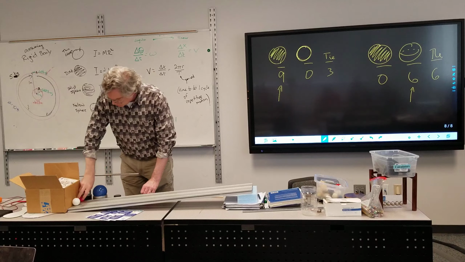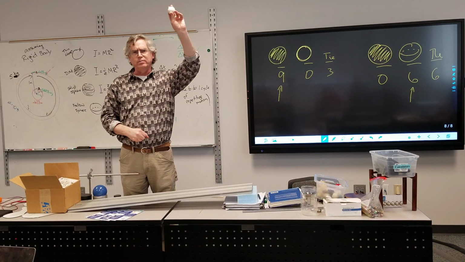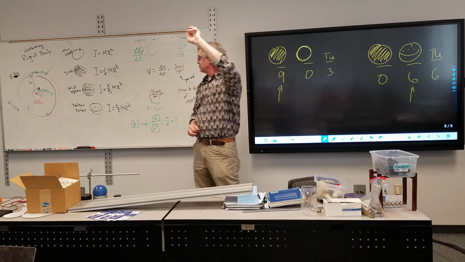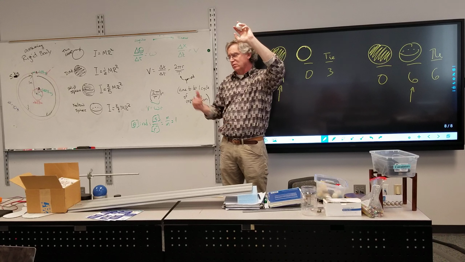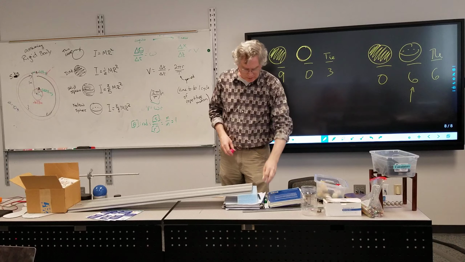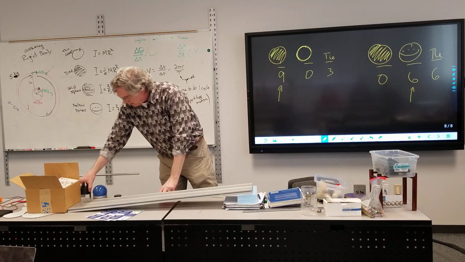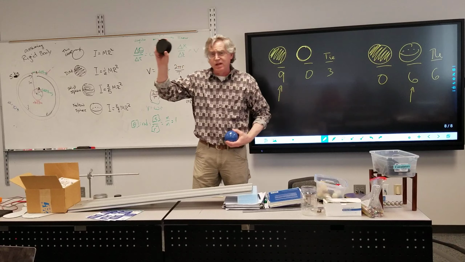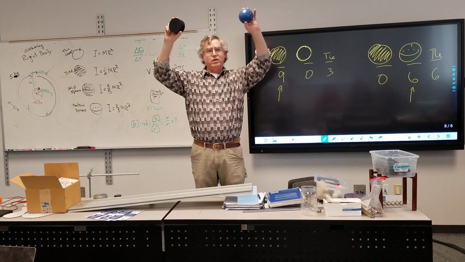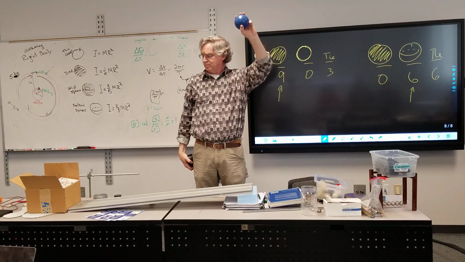All right, so between the solid ball and the hollow ball, solid won. Sort of look over the equations and see what the differences are. Between the solid disc and the solid ball, the ball won by a little bit.